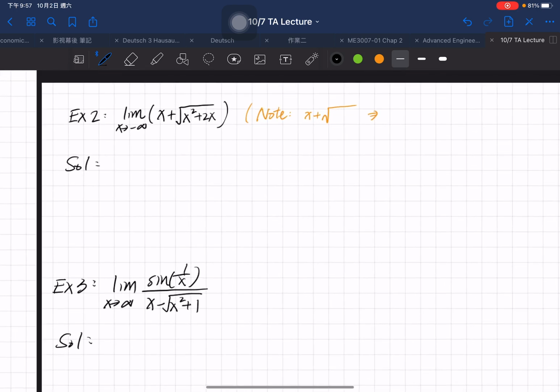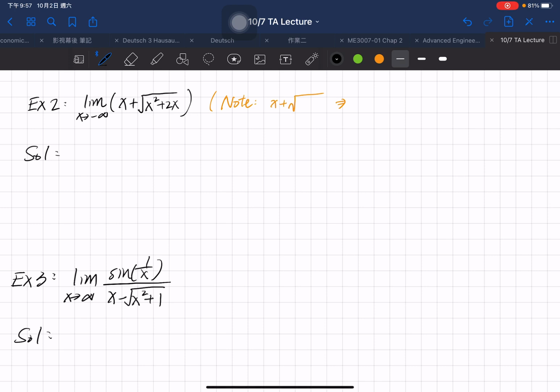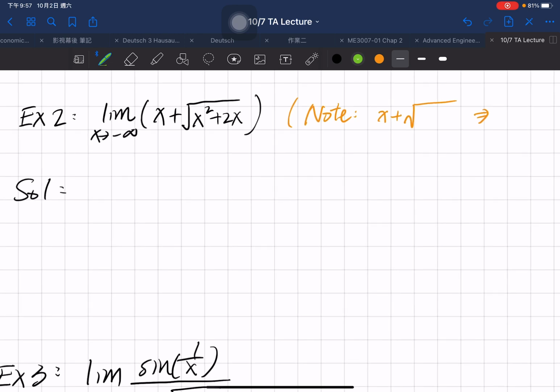Okay, so second, example 2. It now wants us to compute the limit of x plus the square root of x squared plus 2x when our x approaches minus infinity. So you can first just plug in your minus infinity and see if you can find the value of the limit.